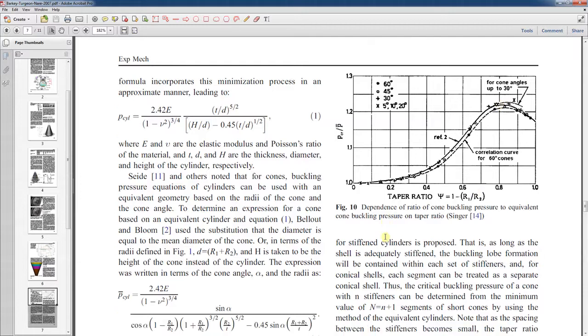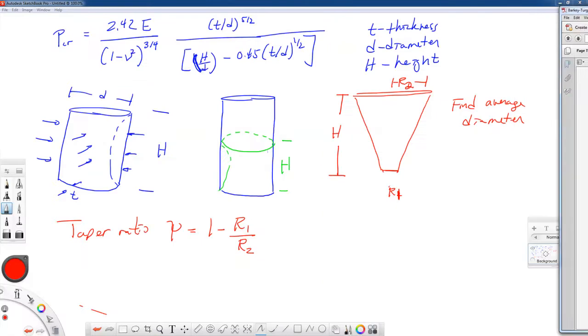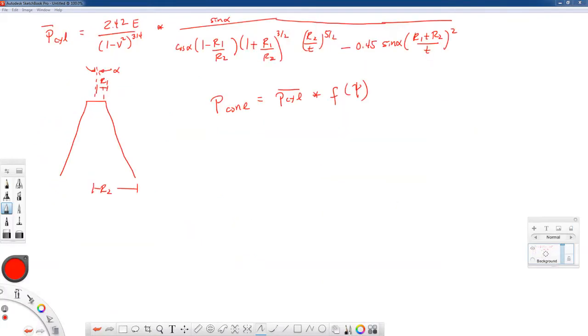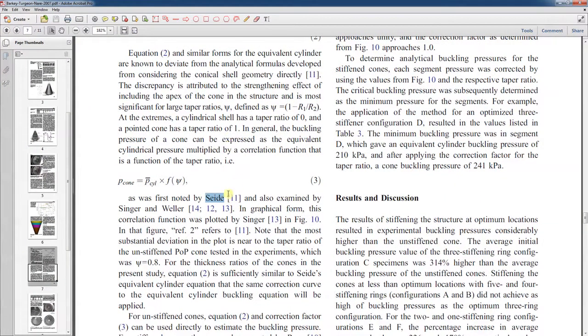And the correction ratio can be written then in terms of the taper angle and the radii in terms of this formula. Let me go ahead and write that down on the next page. Alright, so we have our formula for the equivalent cylinder based on the definitions of the cones.